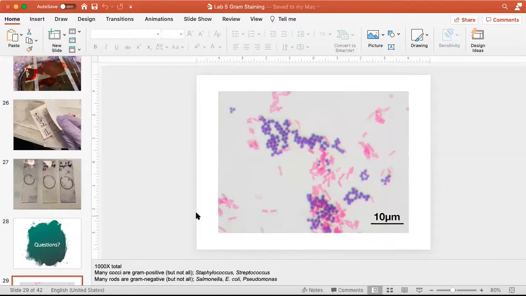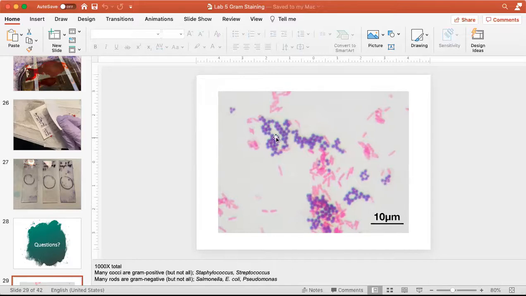We're using the 100x objective lens here, so our total magnification is 1,000 times. Remember, I can see bacteria under the 40x lens, but I can see it best under the 100x lens.